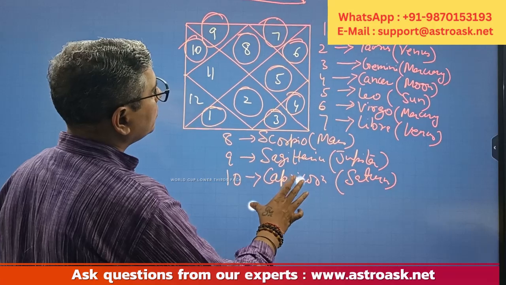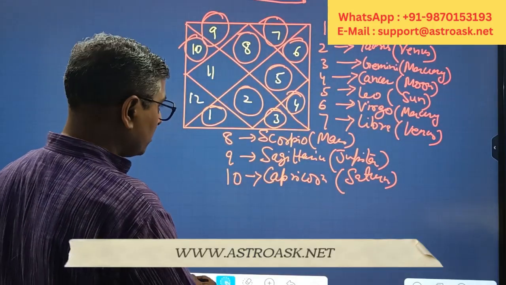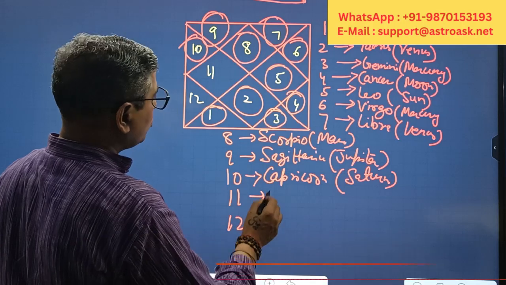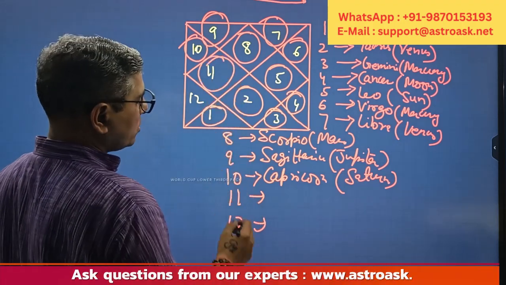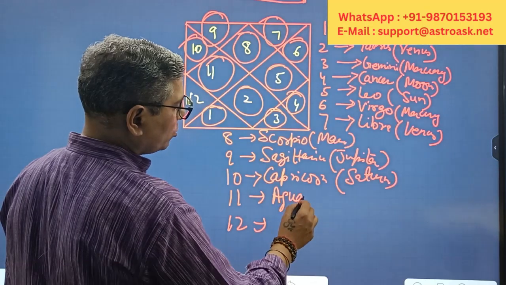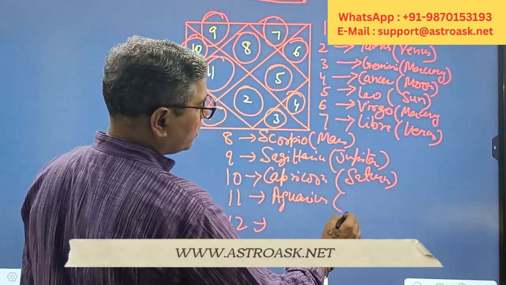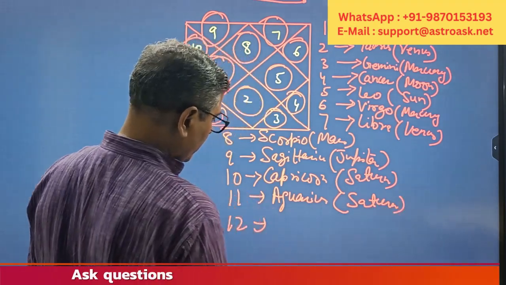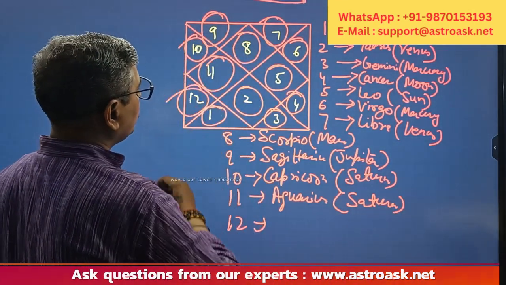Now let's make some space here for number 11 and number 12. Number 11 is written in the 4th house here. It belongs to Aquarius, and the lord is Saturn again. Number 12 is in the 5th house.